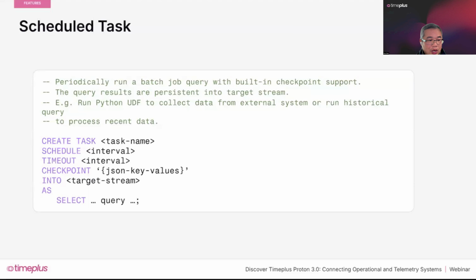It can also run a SQL to query an external system like Postgres or MySQL to move the data from the upstream transactional database to Timeplus and do the processing. The task runs periodically and then sends the output of the task to the downstream. Next one.